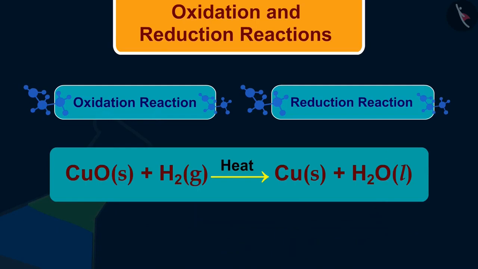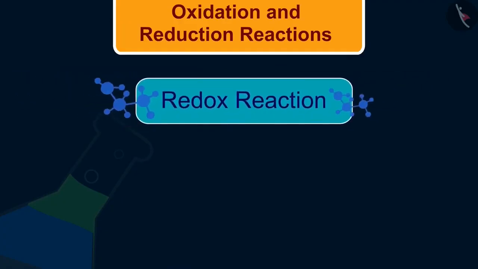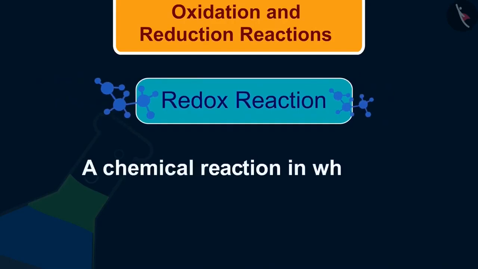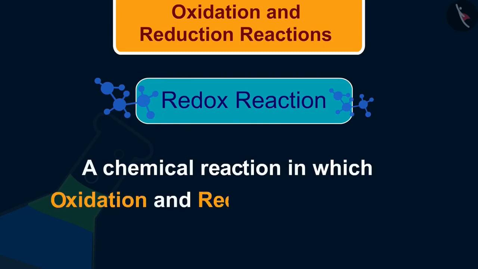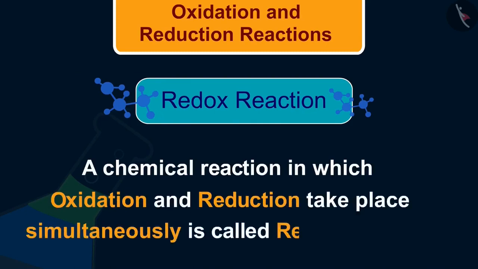In this way, oxidation and reduction are taking place in the same reaction. So students, what is the meaning of oxidation-reduction reaction or redox reaction? A chemical reaction in which oxidation and reduction take place simultaneously is called redox reaction.